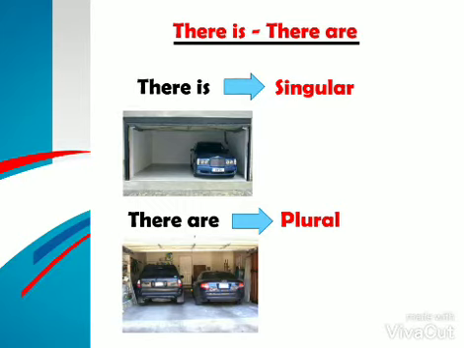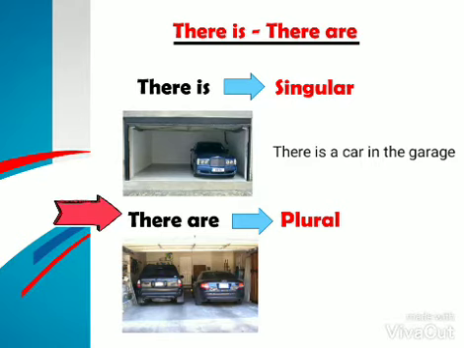But in English, we have two different words. If we are talking about just one thing, singular, we say there is. There is a car in the garage. But if we talk about several things, we use there are. There are cars in the garage. It's easy, isn't it?